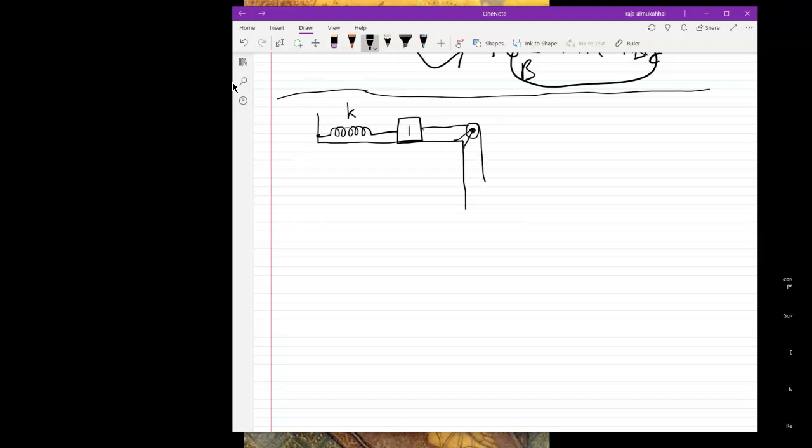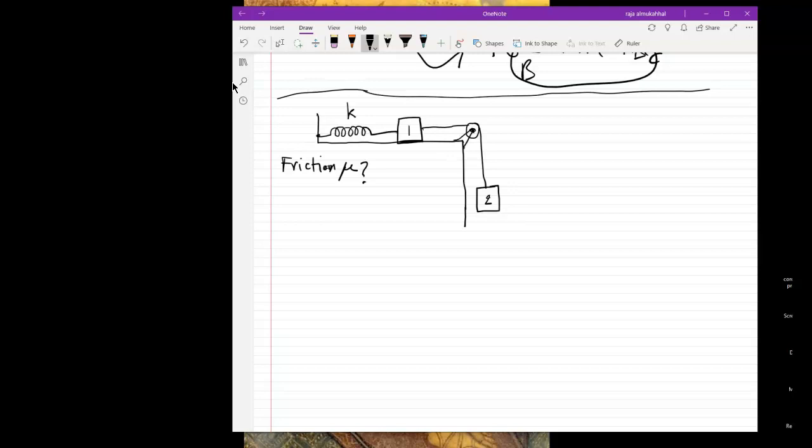And then underneath here, you have a mass 2. And there we go. This is our dynamical system. Okay. The question is, oh, there is also friction between the block and the surface of the table. Okay, there is friction, of coefficient of friction mu, and we're supposed to find the mu value.